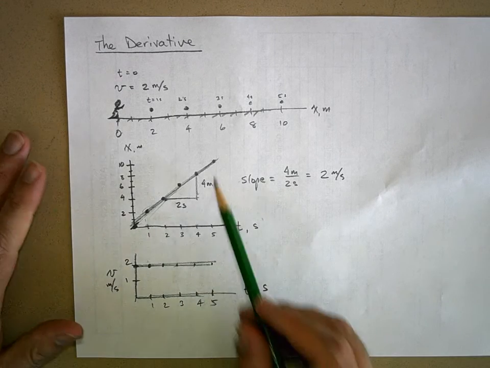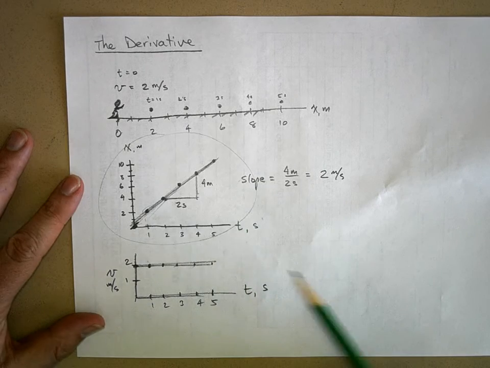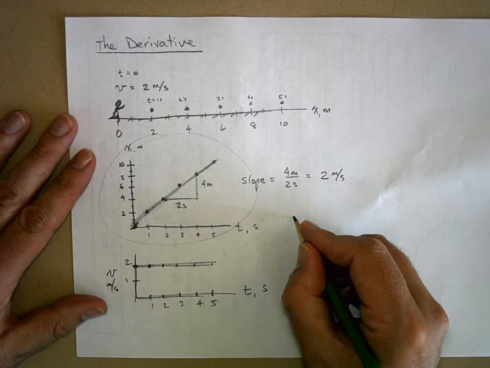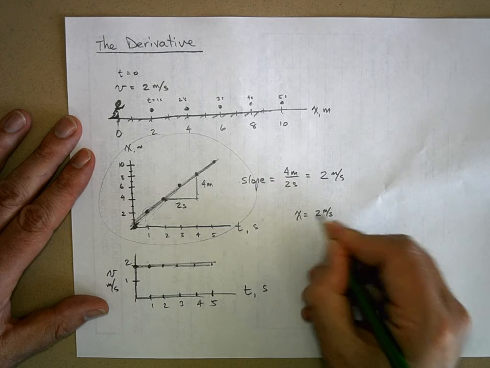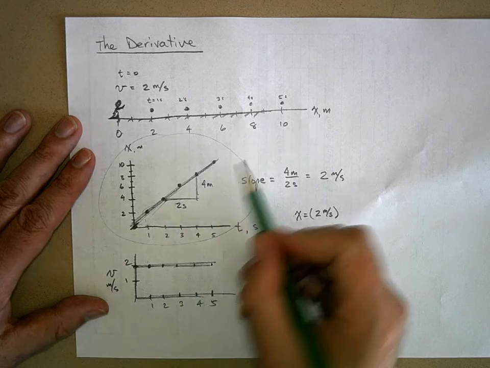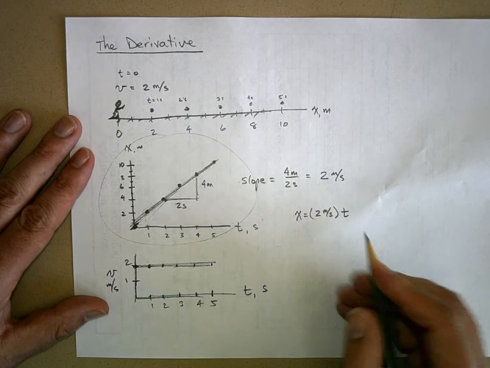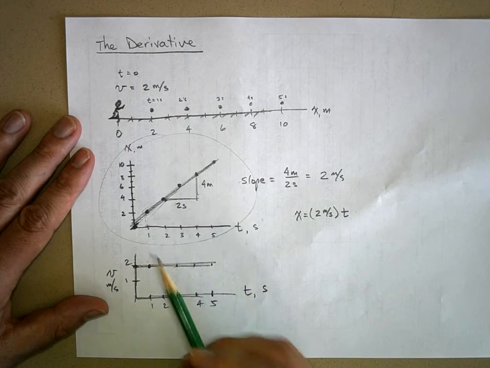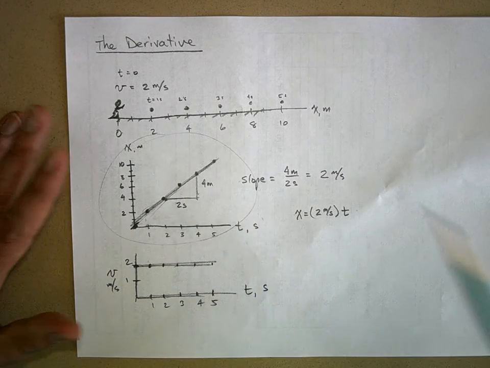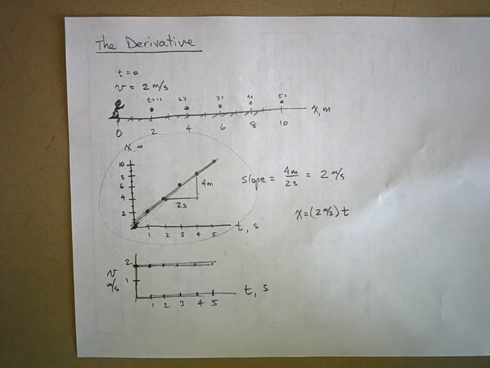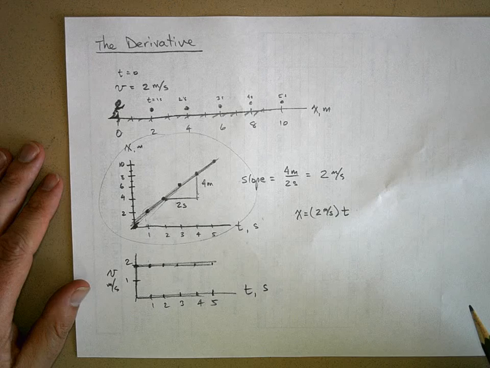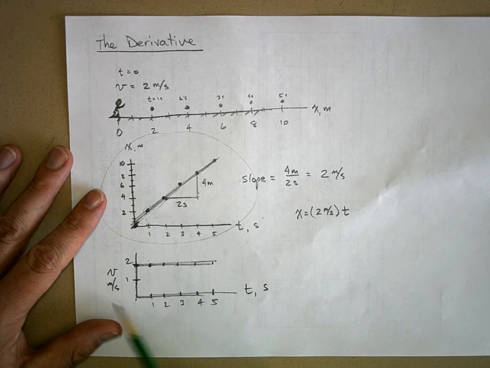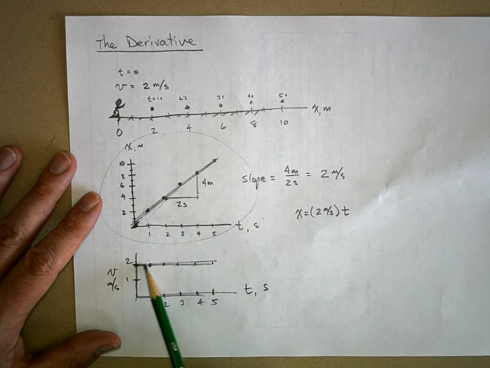Now let's write a mathematical model for this. Here x is equal to 2 meters per second, that's the slope, times time, plus, and where did I start? Well, I started at 0. So the starting position is 0, so I'm just going to leave it off my mathematical model. Well, what's the mathematical model for this line right here?